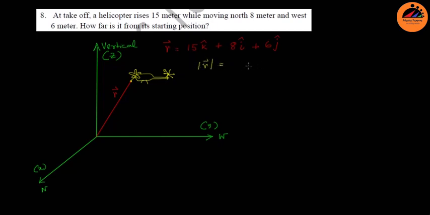That's the required thing. So 15 squared plus 8 squared plus 6 squared, 225 plus 64 plus 36. So this is 325.